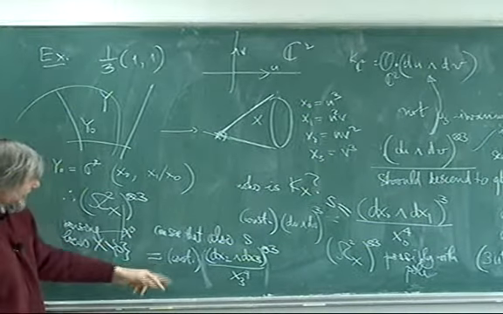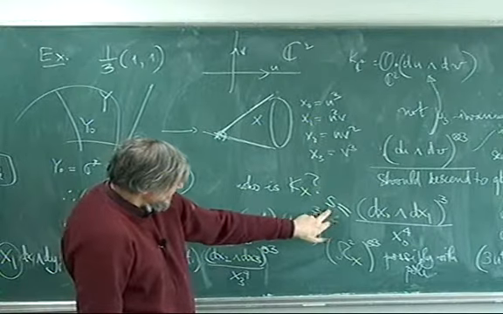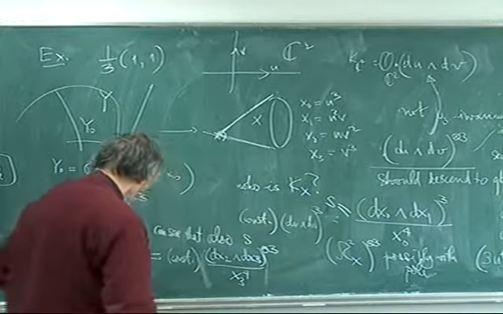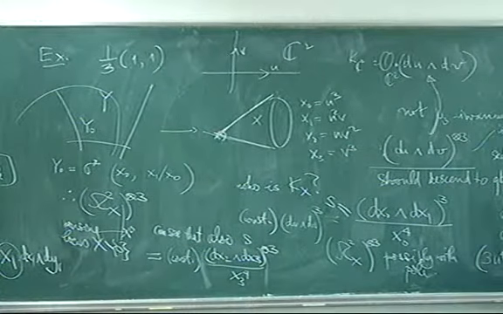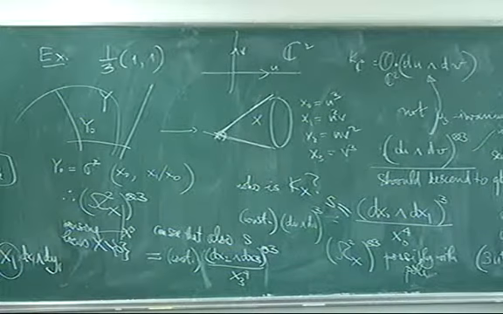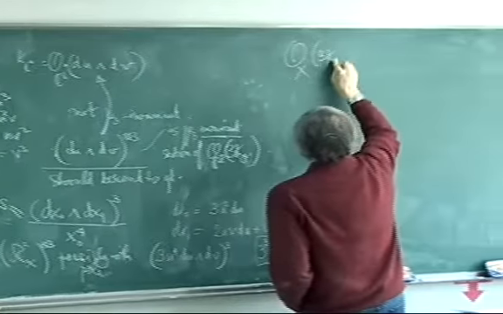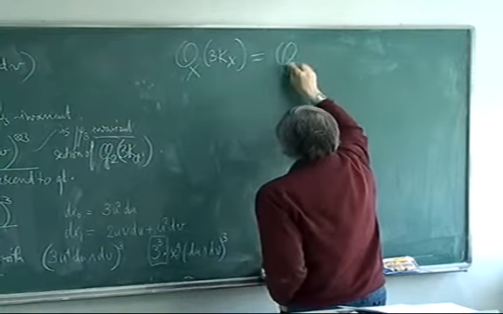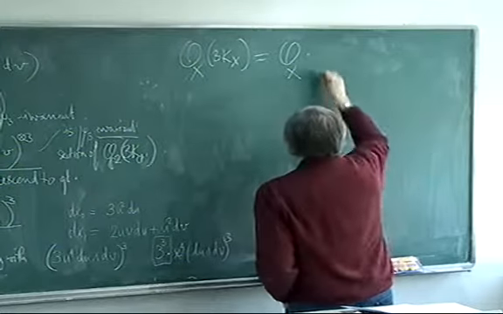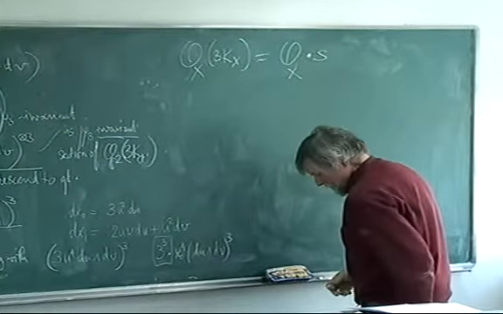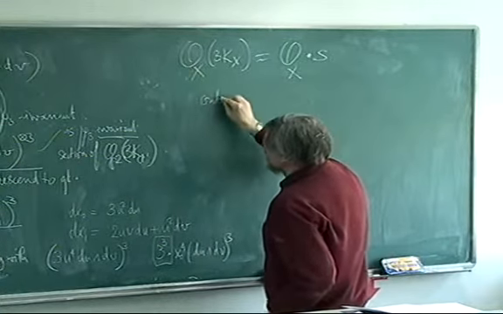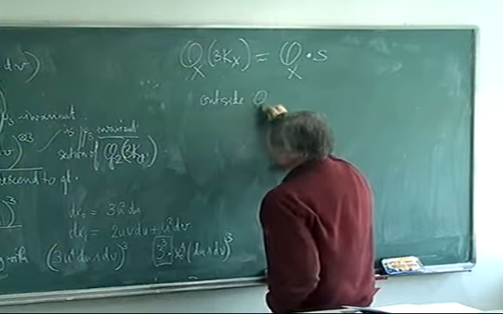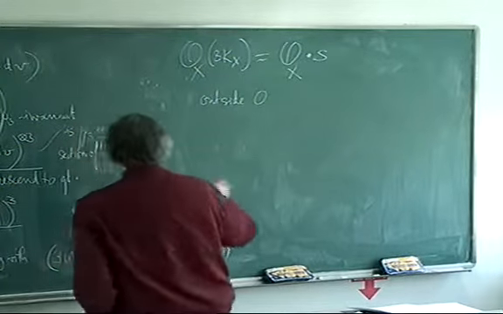And so if I take S here, the thing I'm going to say is that OX of 3kx is equal to OX times S. Okay, so outside the origin, this is proved by the formulas.